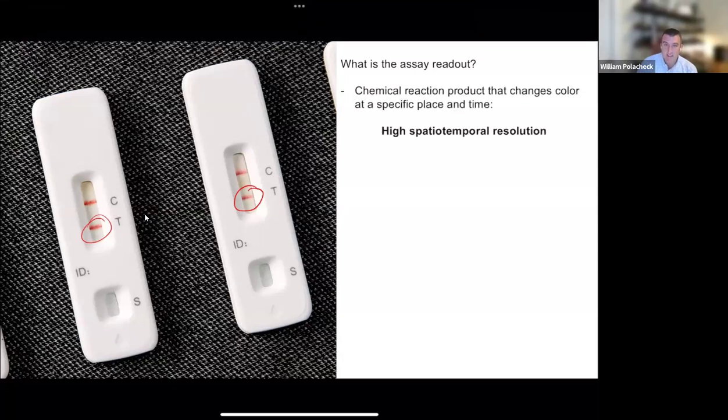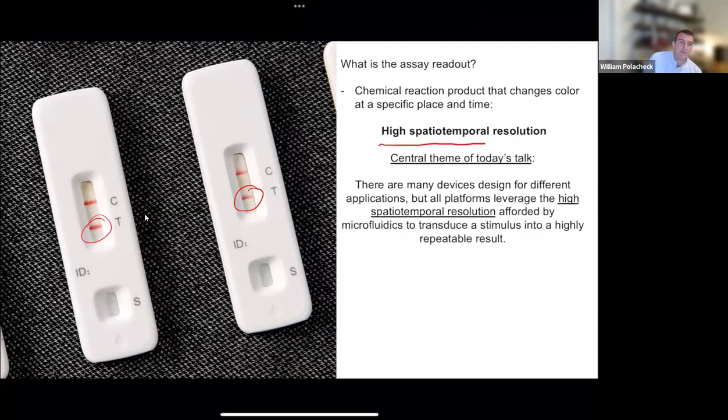And this is really key to why these specific devices are used for these at-home rapid tests, because they allow for this high spatiotemporal resolution that lets somebody at home easily determine whether or not they have the antibodies against the SARS-CoV-2 antigen. So this is the central theme of the use of microfluidics, that they provide this high spatiotemporal resolution over chemical reactions, but also, as we will discuss later, the application of mechanical forces.